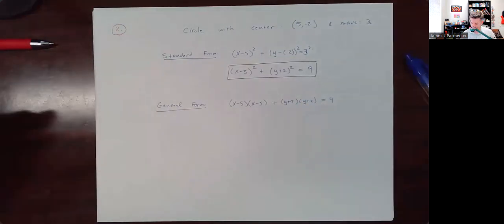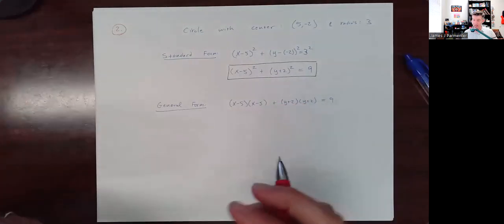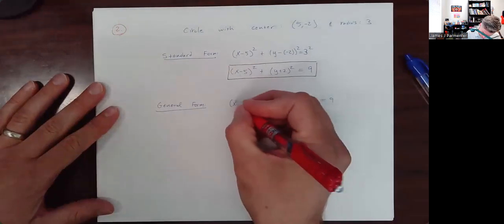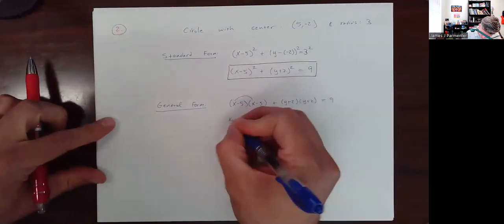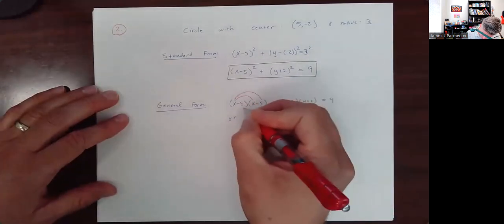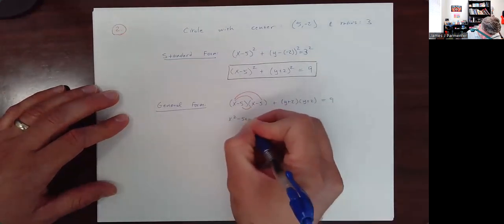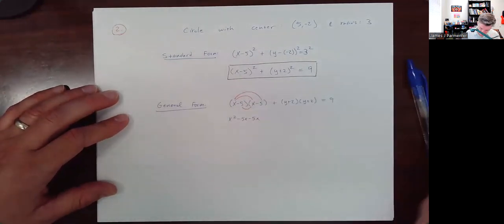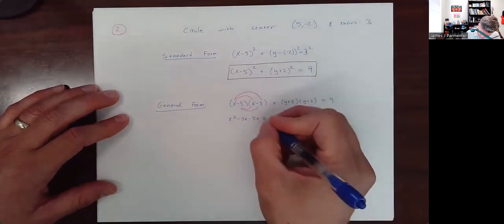Now you can do this as quickly or as slowly as you want. There's a pattern when you multiply out something like this squared. You're going to get x times x, which is x squared. And then you're going to get x times -5 and then x times -5. So then you get a minus 5x minus 5x. And then you're going to get -5 times -5, which is a positive 25.